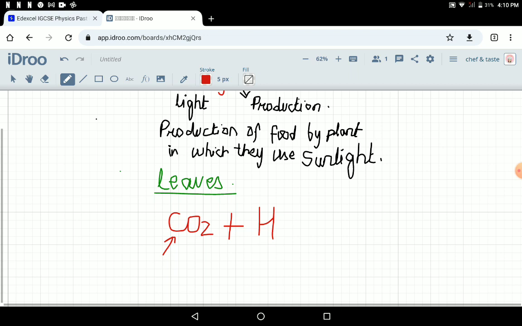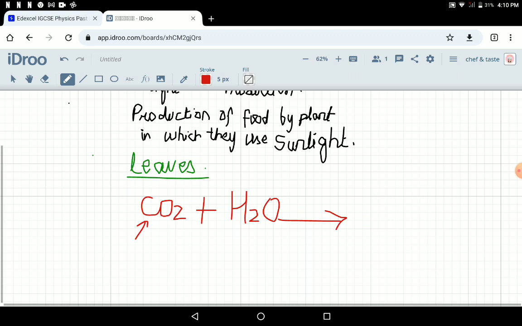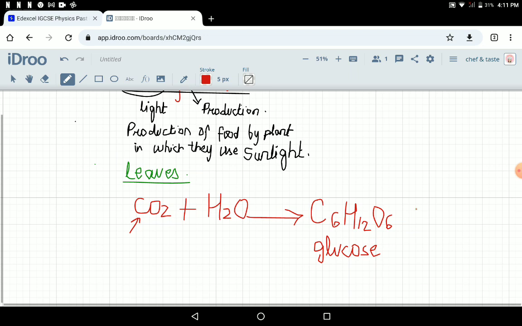And carbon dioxide along with water, H2O is the formula of water, react together to make food of the plant, which is glucose. And the formula of glucose is C6H12O6. This is glucose.